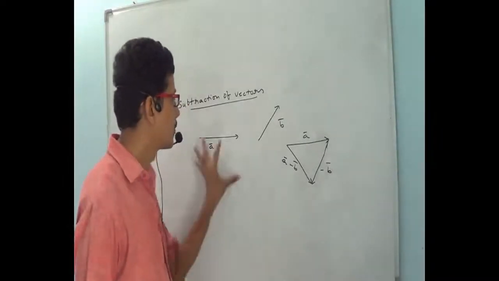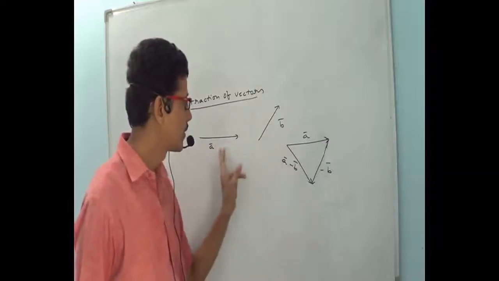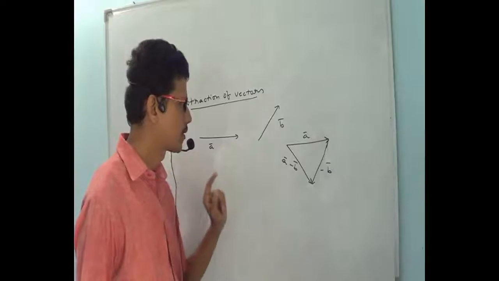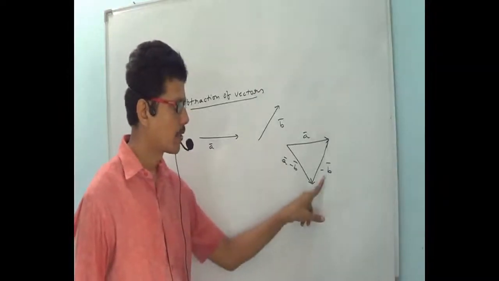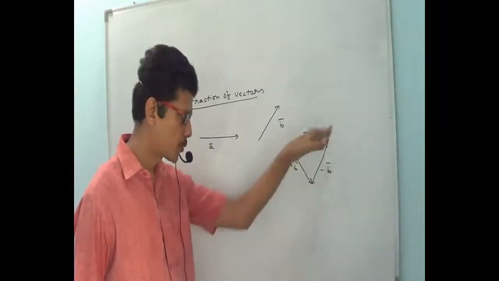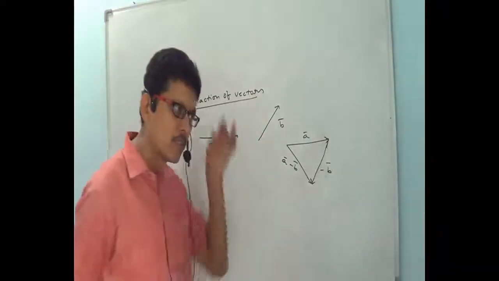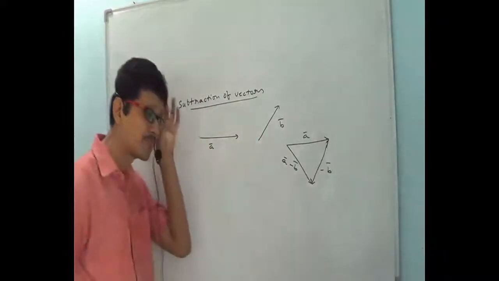So take this example. This is A bar, this is B bar. I have to subtract this from this. First I have to take minus B bar, the opposite arrow I have to draw. And this is the resultant. Draw this.